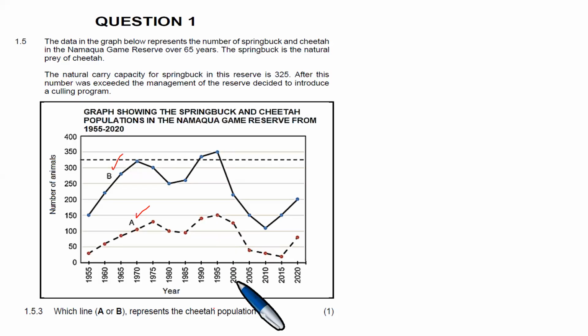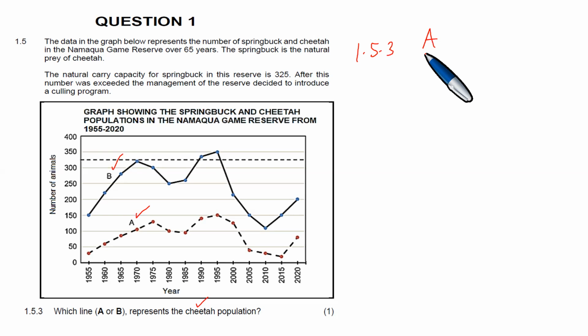Which one represents the cheetah population? In 1.5.3, it is actually graph A that represents the cheetah population.